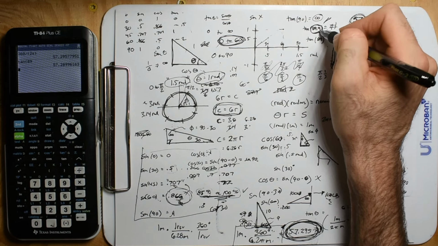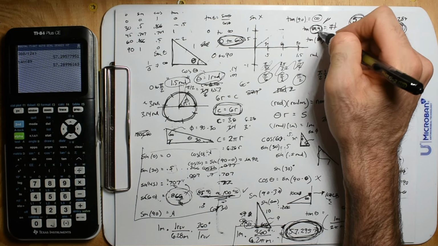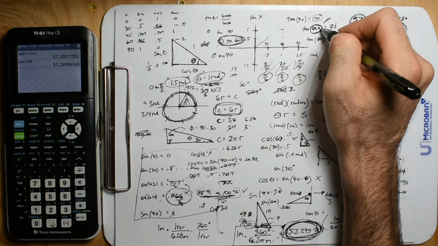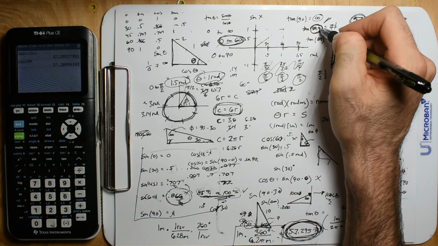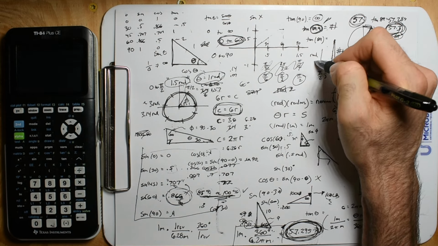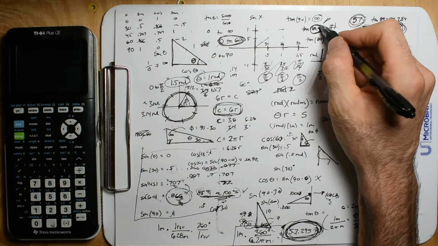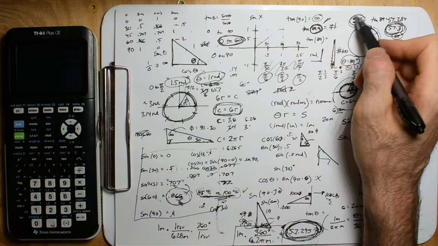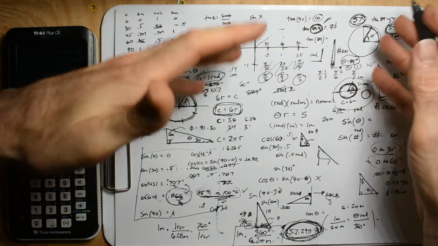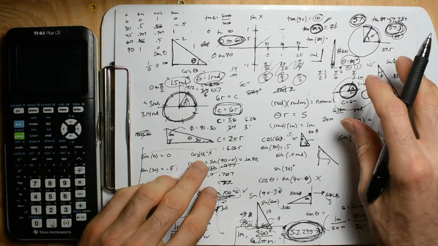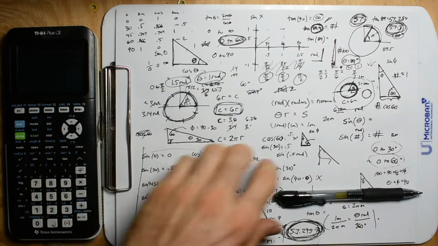I would be surprised what problems require angles close to 90 that represent values of tangent greater than 57. But I could look those up and find that. I would think that's a very small subset.